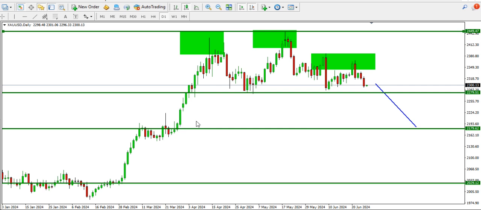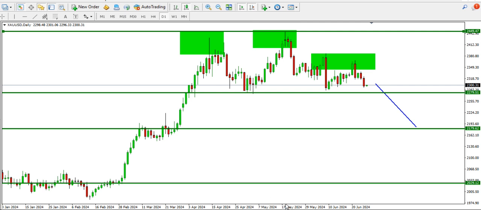So not much to be discussed as regards the daily time frame, but we have a range and we have a head and shoulder price pattern suggesting that price most likely will drop.